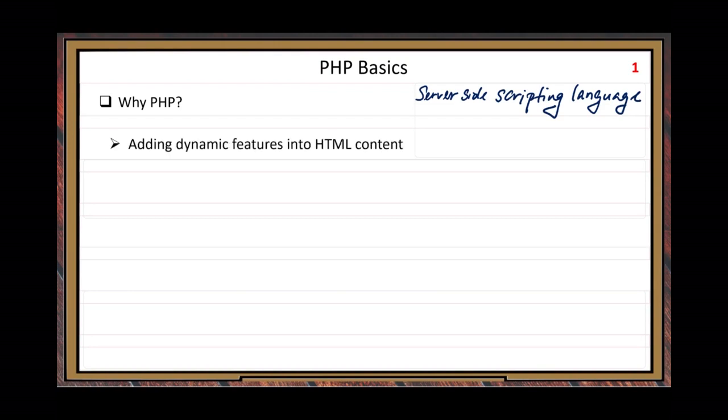The main reason you will see, we have good reason to pick PHP. What we use it for is adding dynamic features into HTML content. HTML, we know, is static content.